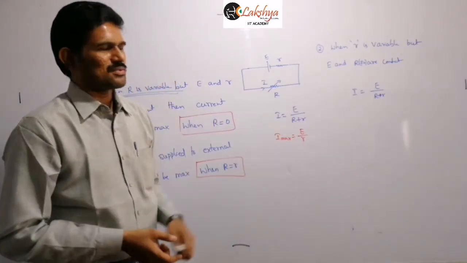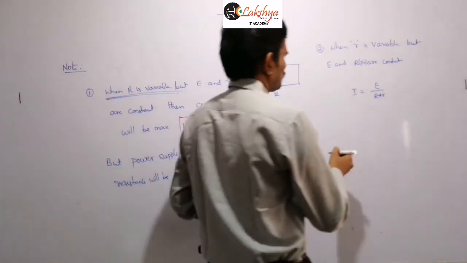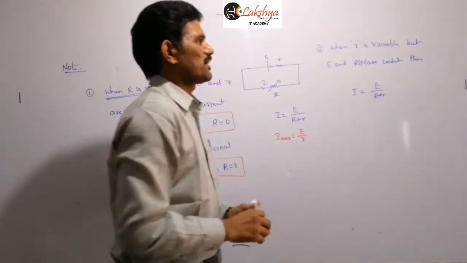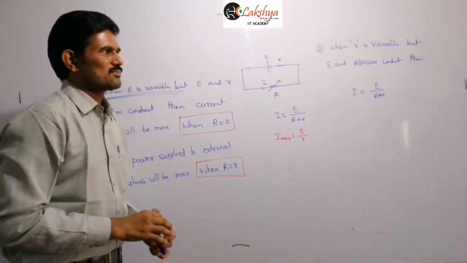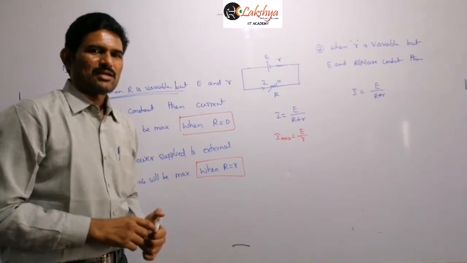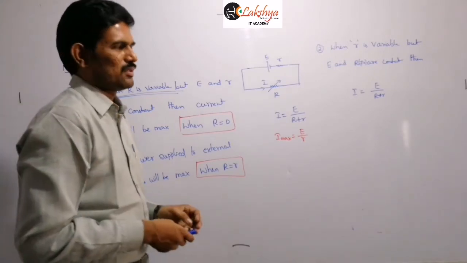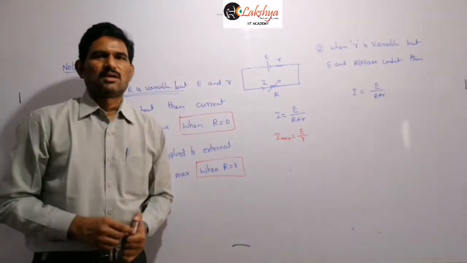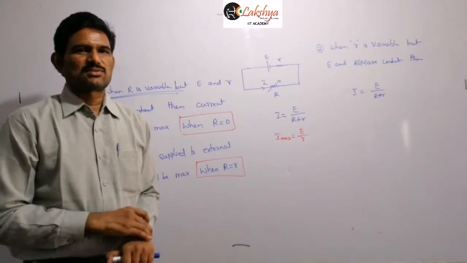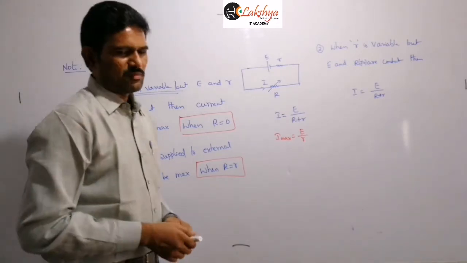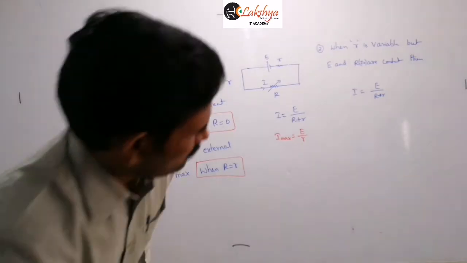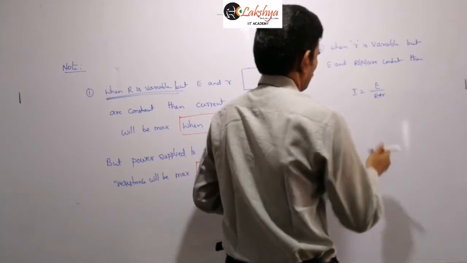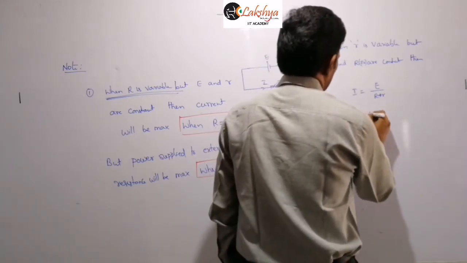So that is nothing but this case here. So then you can complete that. When small r is variable but E and R are constants, then both the current and the power supplied to the external resistance will be maximum when small r is equal to 0.